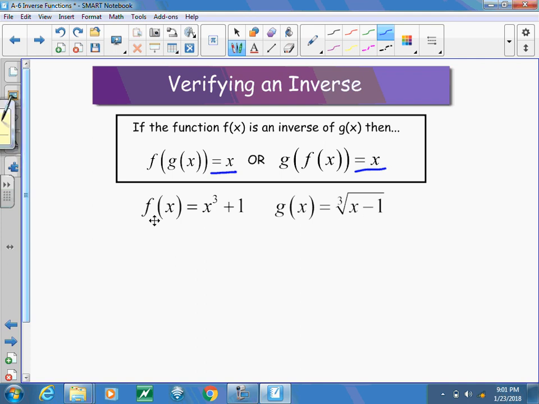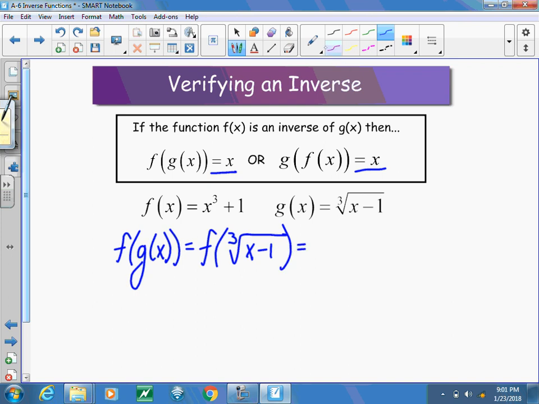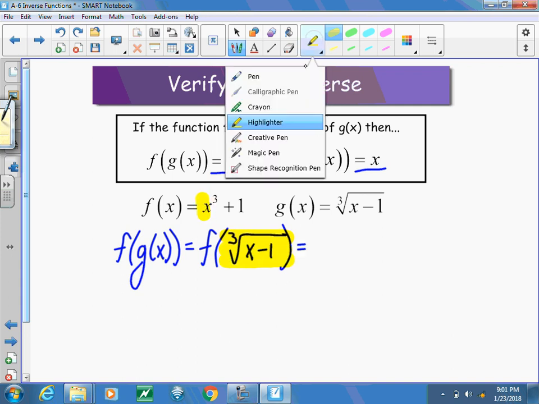So I have an example here of f of x and g of x. Well, if I go ahead and evaluate f of g of x, g of x is equal to the cubed root of x minus 1. So now I'm going to take the function f of x, and I'm going to take my cubed root of x minus 1, and plug it in for x.